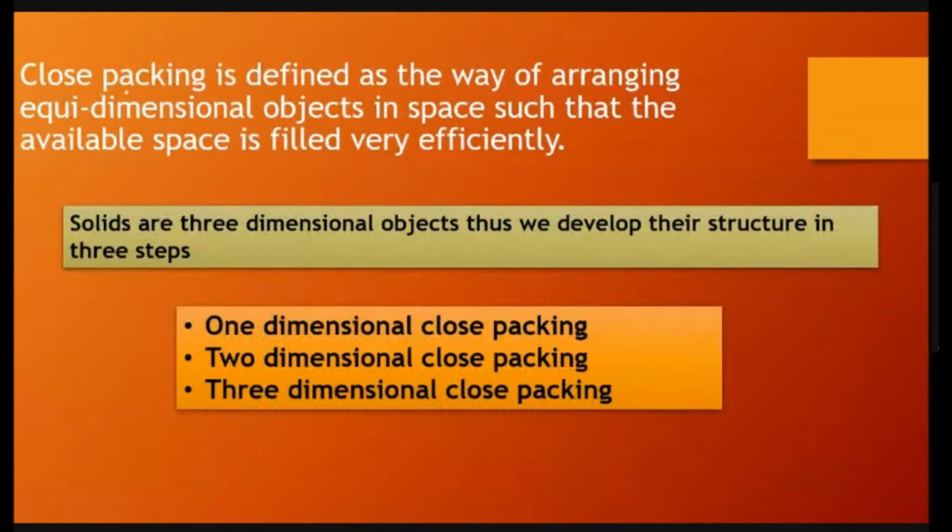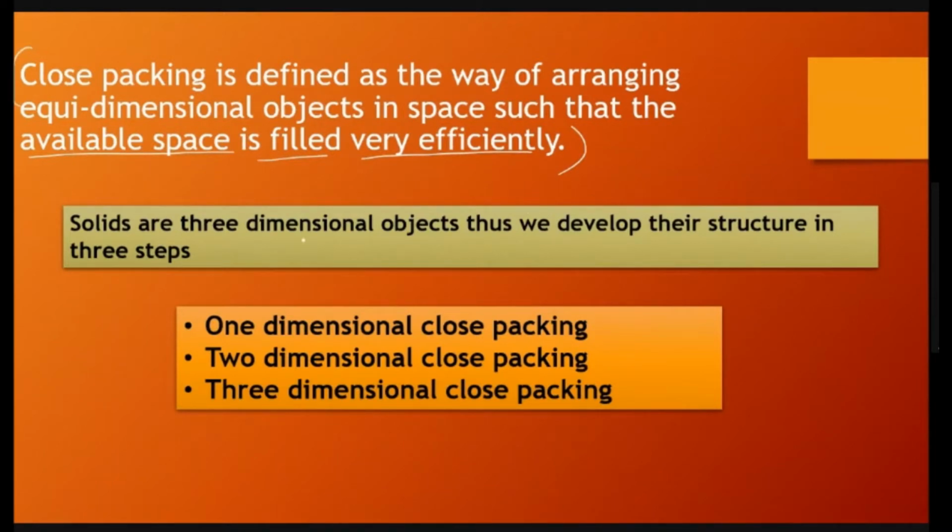Coming to the definition: close packing is the way of arranging equidimensional objects in space such that the available space is filled very efficiently. This is important. That means fewer empty spaces should be there, and more of the space should be occupied by the equidimensional objects. That is called close packing.